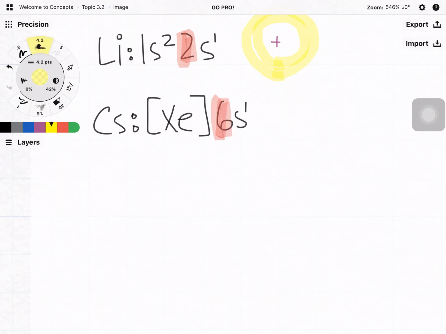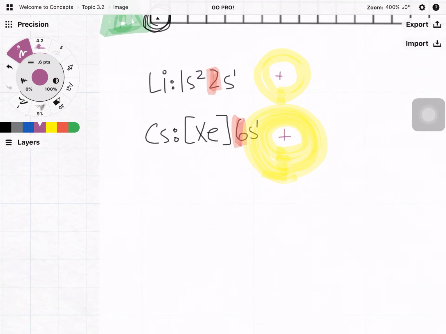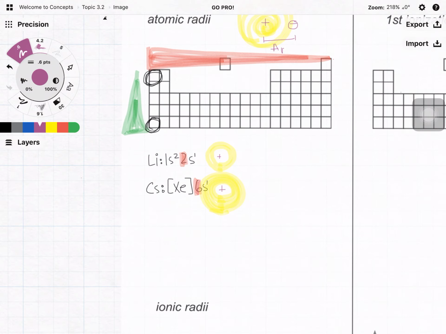So let's draw that. So it would be 1, 2, 3, 4, 5, 6. So hopefully you can see that because cesium just has so many more occupied energy levels, occupied energy shells, it's much, much bigger. And that's the same idea that happens as we go down the group. Each element going down the group has one more occupied energy level.